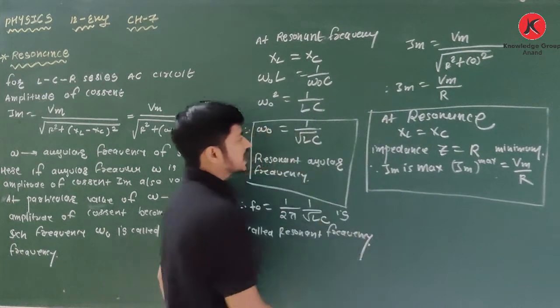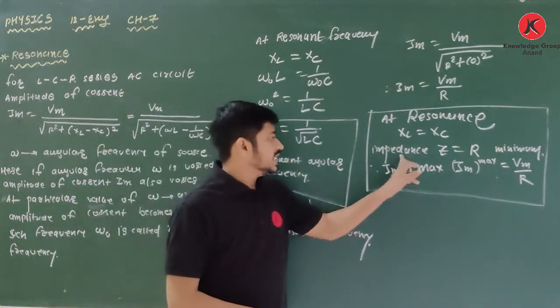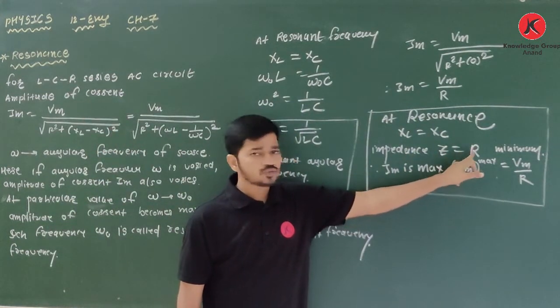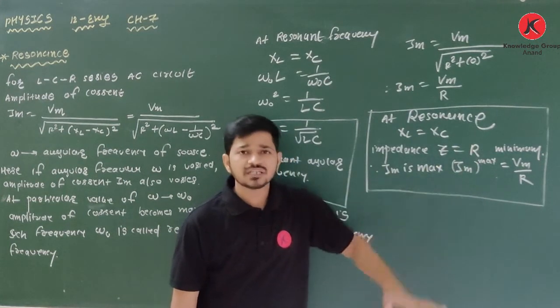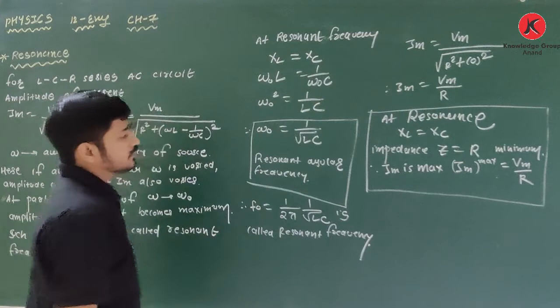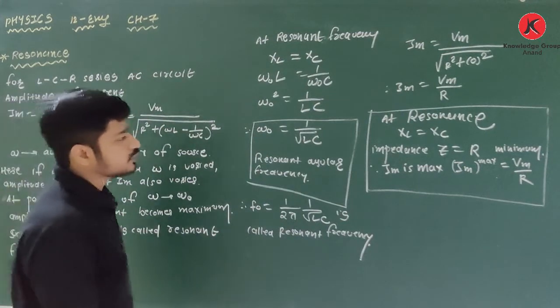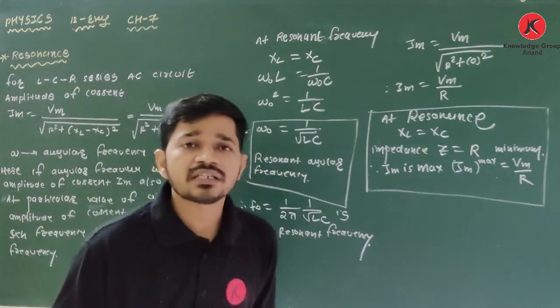At resonance, XL is equal to XC. Impedance Z is equal to R is minimum, and therefore Im becomes maximum, current becomes maximum. And the phenomenon of the amplitude of current becoming maximum is called resonance.